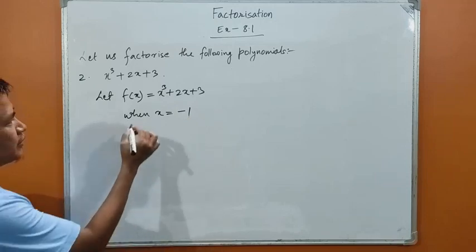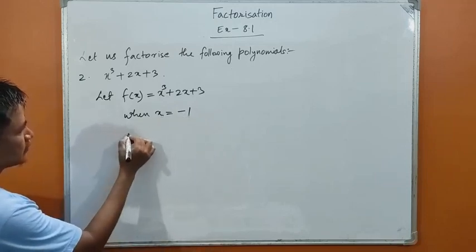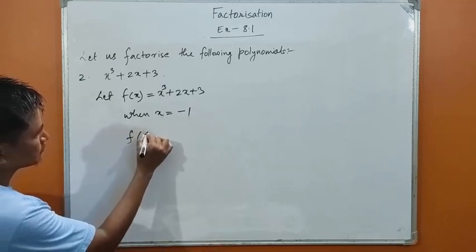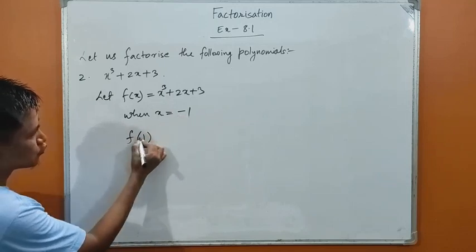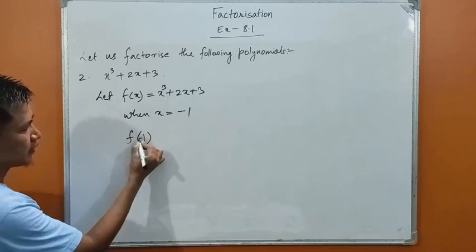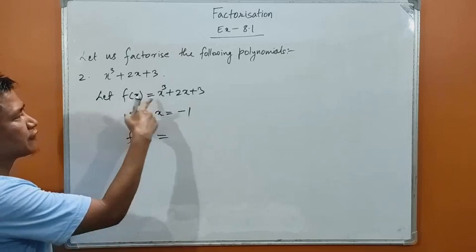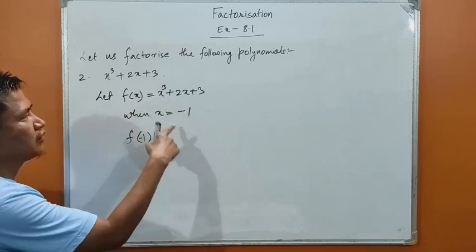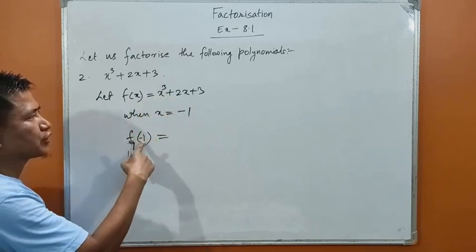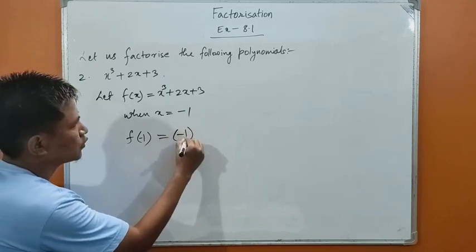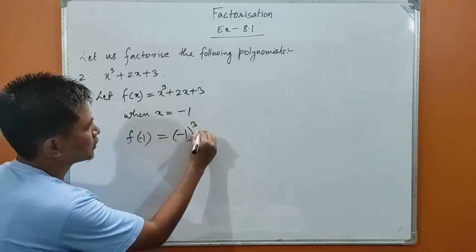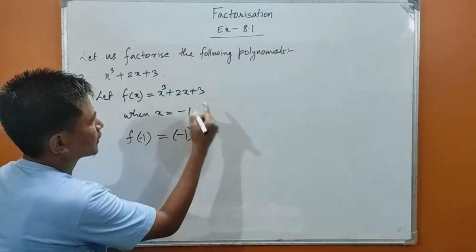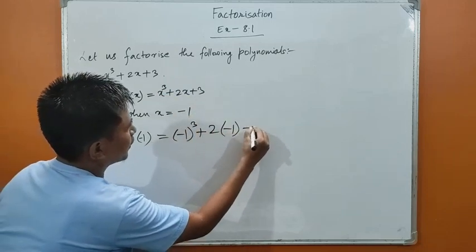Where x equals minus 1, f(minus 1) will become, since f(x) is this, instead of x we write minus 1. Minus 1 whole cubed plus 2 into x, which is minus 1, plus 3.